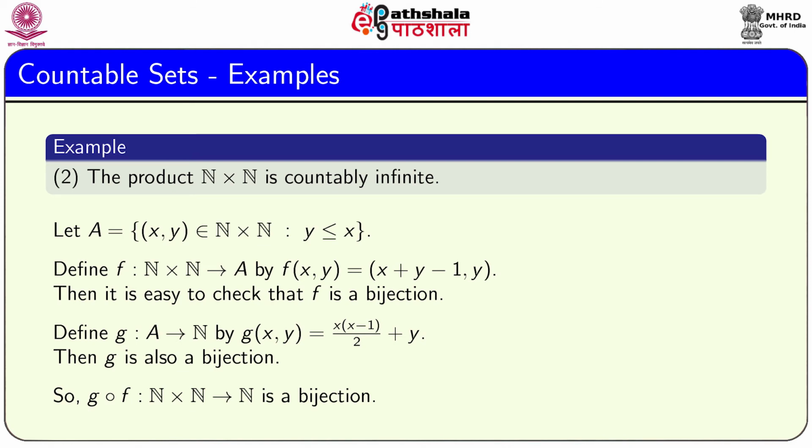Now, define g from A to N by g(x, y) is equal to x(x minus 1)/2 plus y, then g will be a bijection. Now, taking the composite g composed with f from N cross N to N, we get the desired bijection, proving N cross N is countably infinite.